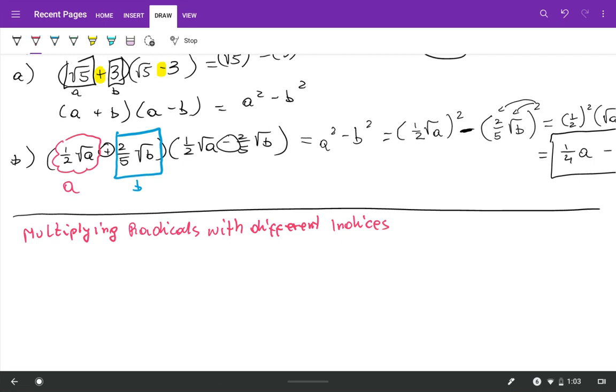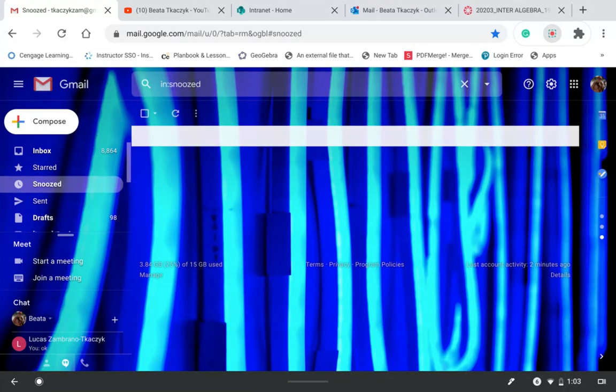So how are we going to do it? When you have the product of radicals with different indexes, we'll have to solve those problems a little differently.